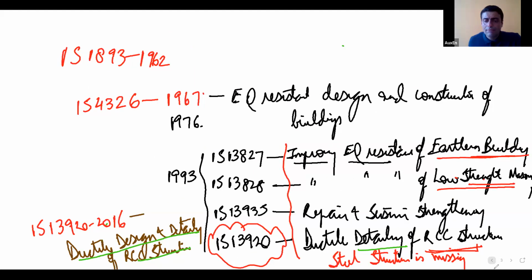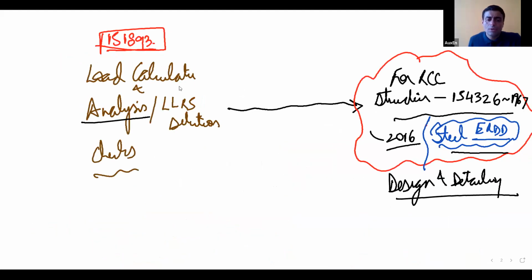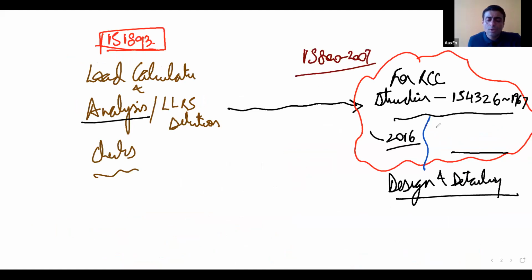Till then, we did not have any code that talked about seismic design of steel. But when we revised our IS 800 in 2007, we also included a section 12. Section 12 was introduced in IS 800 2007. Is it clear?